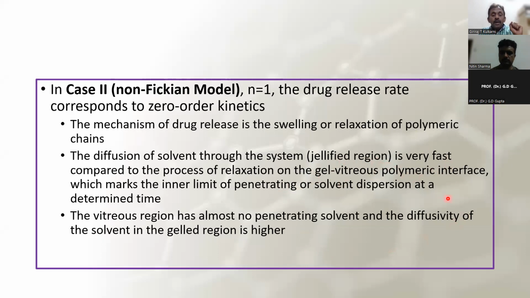Once that jellified region is formed, diffusion of solvent into the system slows down. The vitreous region has almost no penetrating solvent because the outer jelly layer does not allow solvent to penetrate into the inner core, which is not yet wet.